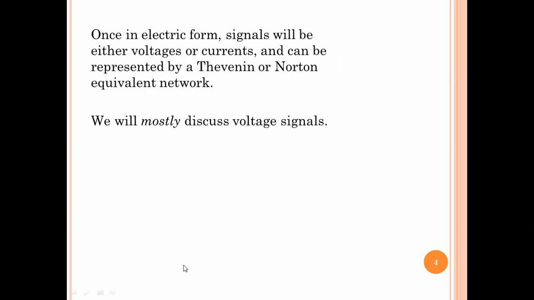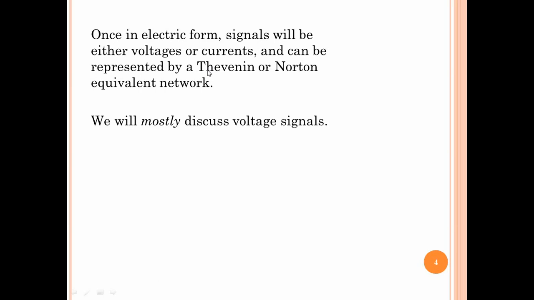Once in electrical form, signals will be either voltages or currents, and therefore wherever they are coming from, once they are converted by the sensor, the output of the sensor can be represented by a Thevenin or Norton's equivalent network, assuming that it is linear. If it is not linear, one typically makes an assumption of linearity.